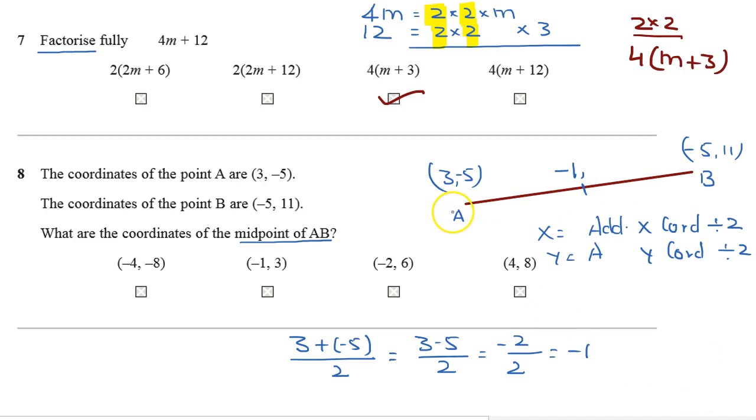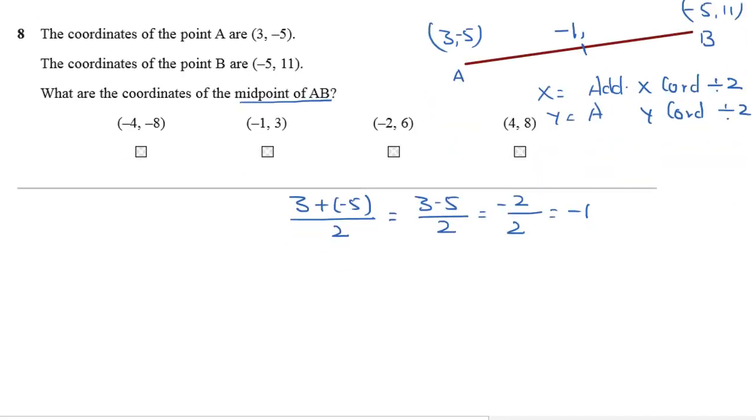Y coordinates: minus 5 and 11. So minus 5 plus 11 divided by 2. This is x and this is y. So minus 5 and 11 is 6 over 2, that is 3. So the midpoint is minus 1 and 3.